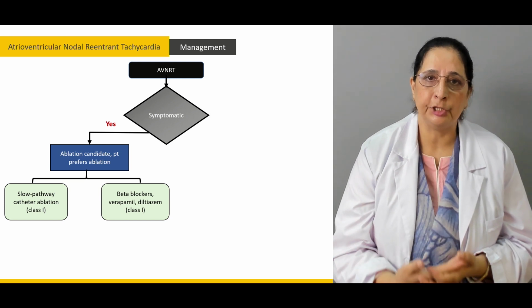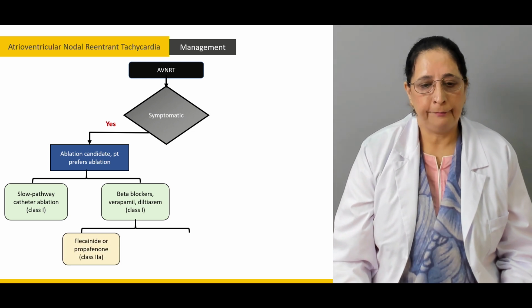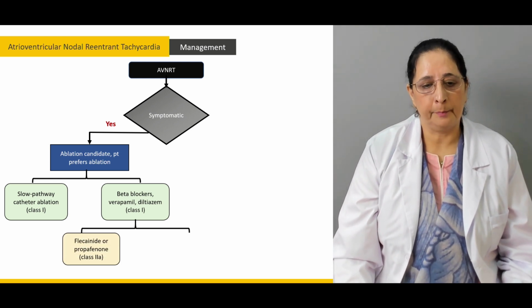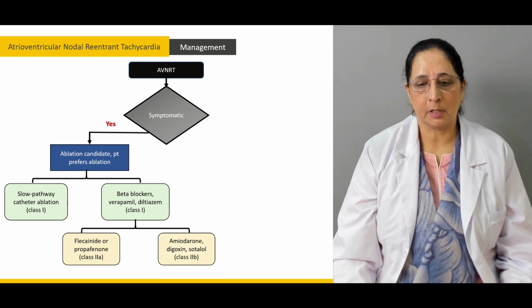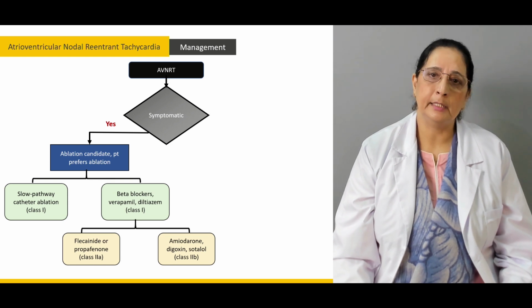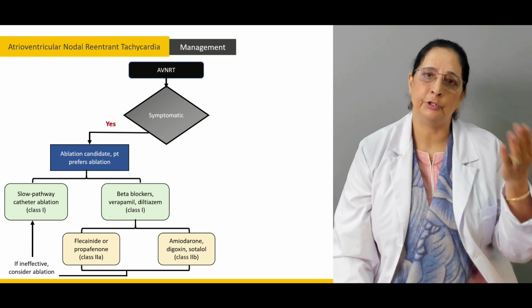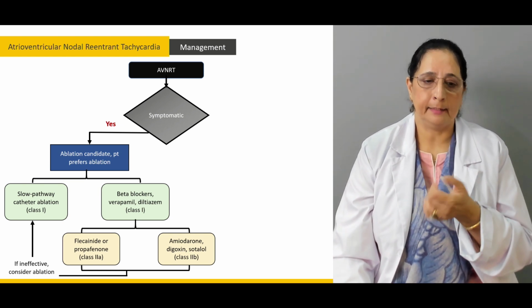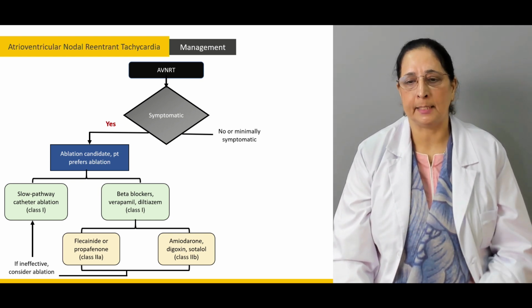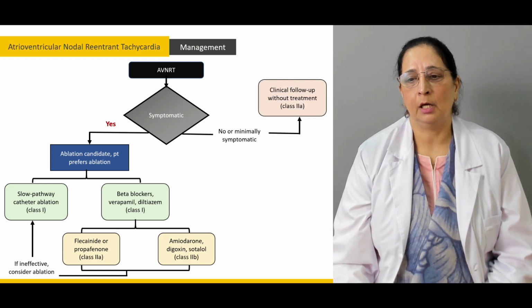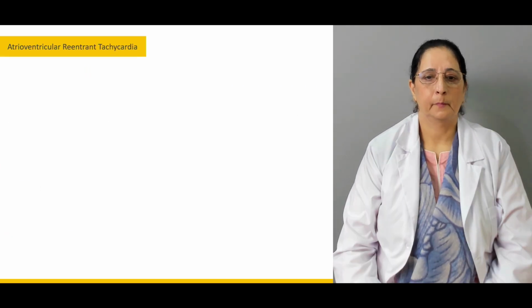So catheter ablation can be tried, and the drugs can also be tried: flecainide or propafenone, and then amiodarone, digoxin, and sotalol. So all these drugs can be tried. If these drugs don't work, then we should again consider catheter ablation. If there are no symptoms or only minimal symptoms, then we should follow up the patient without treatment.